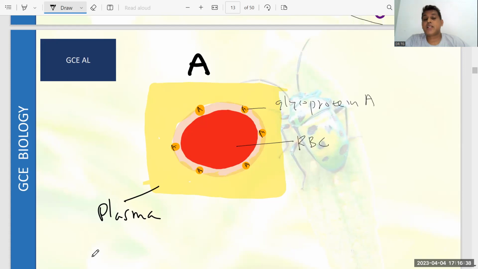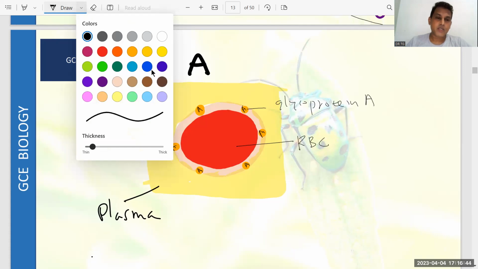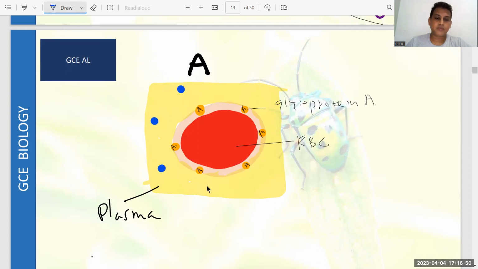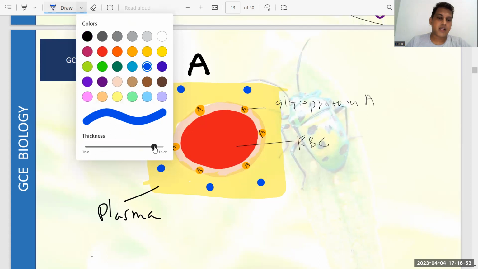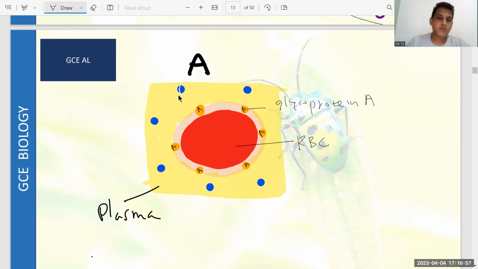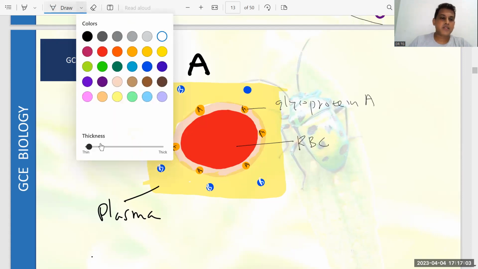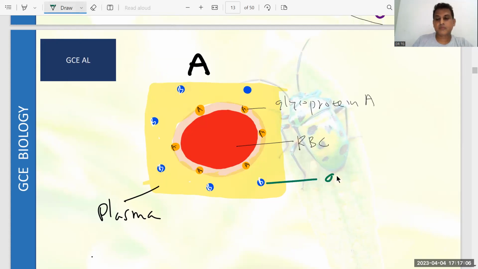Now there is a group of antibodies in these people, blood group A. So these antibodies are called antibody B. Antibody B has no effect on antigen A because they are two different things.